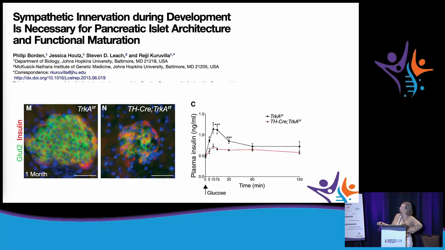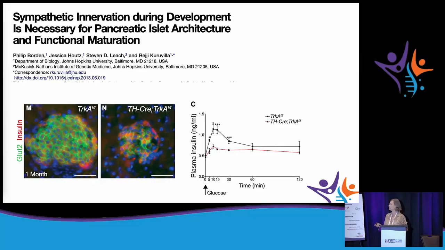And this can cause decreases in the amount of insulin and in insulin release in response to glucose. So it could be that these effects are due to changes in innervation.